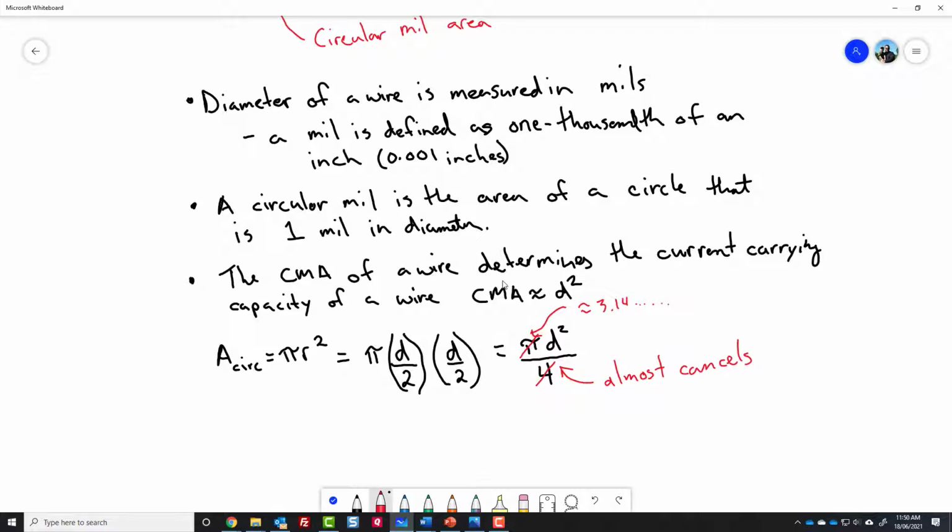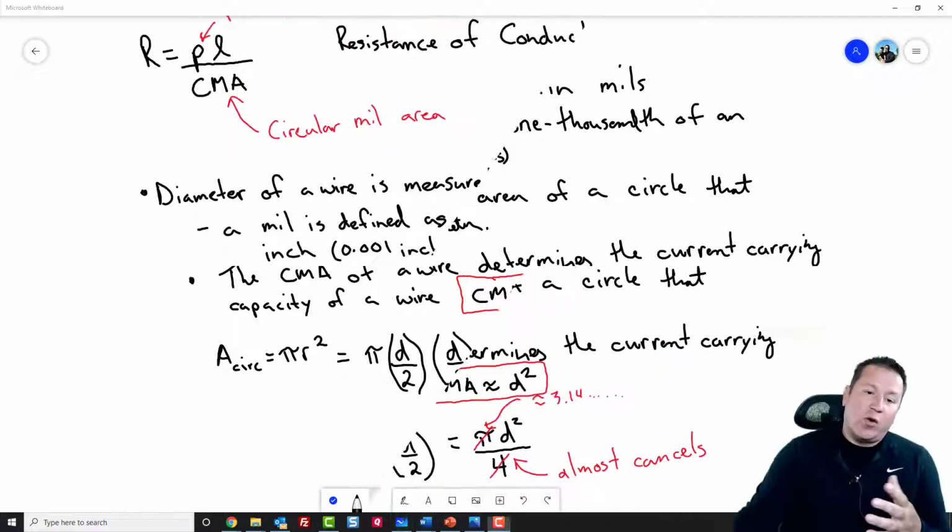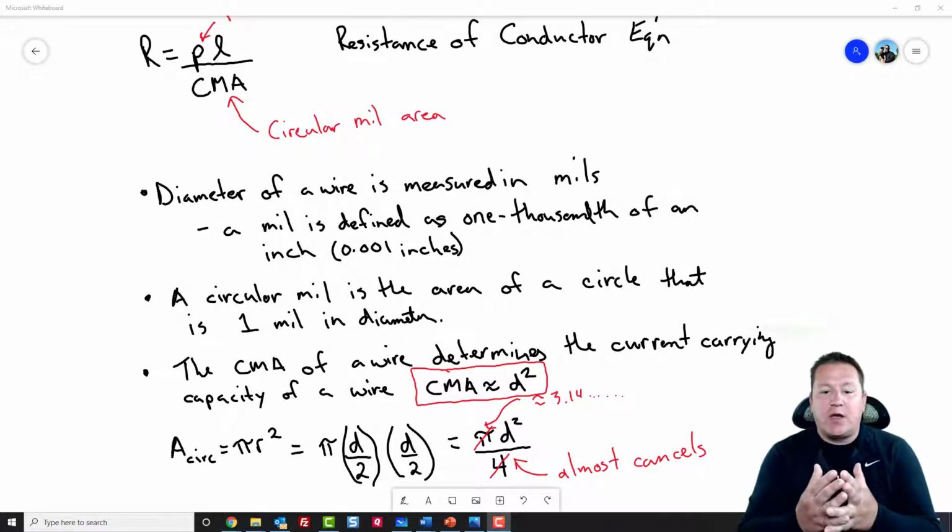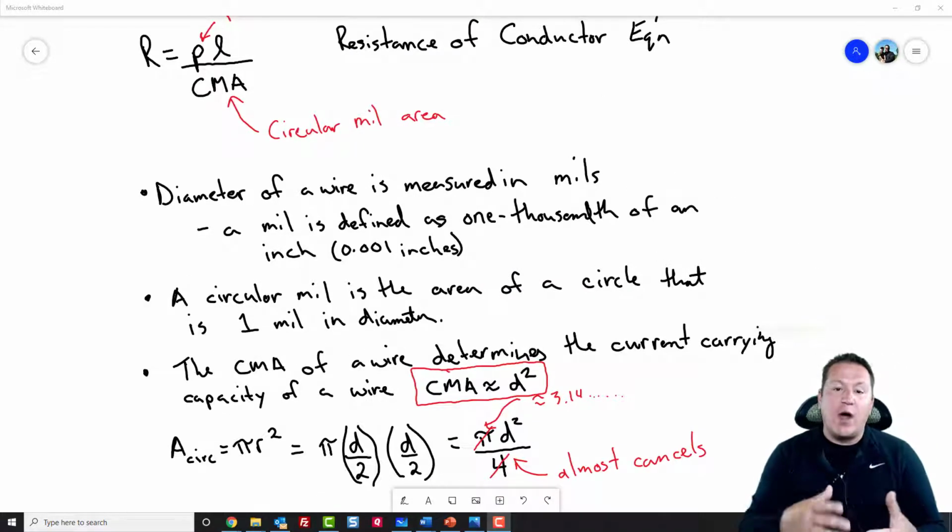To simplify it, you'll see written in textbooks that the circular area is approximately equal to the diameter of the conductor squared. I think this is where it comes from, because if you break out the area of a circle and write it in a different form, you can see where it almost cancels. So I think we have a pretty concrete definition of what a circular mill is, and what the circular mill area of a conductor is.